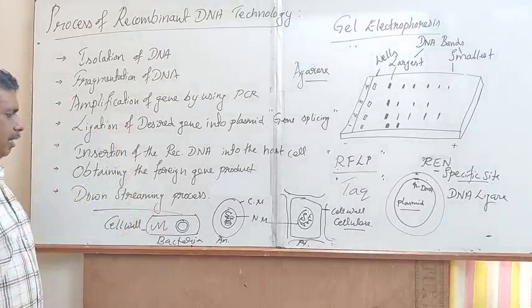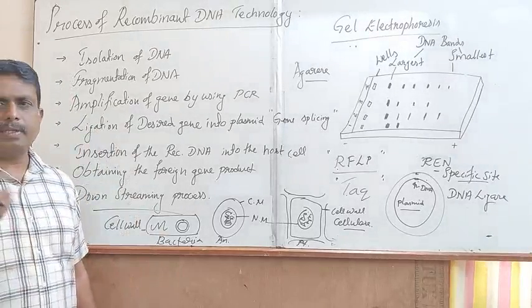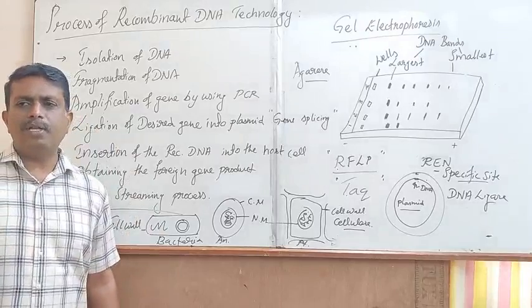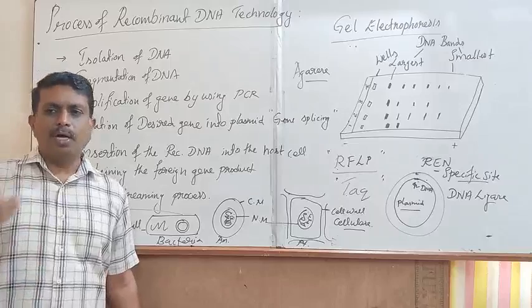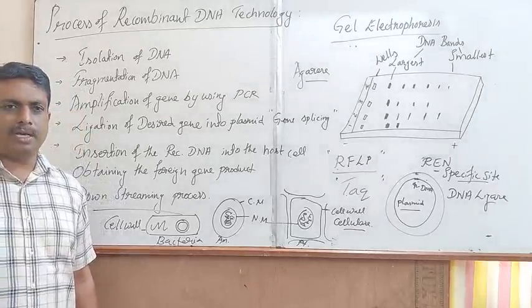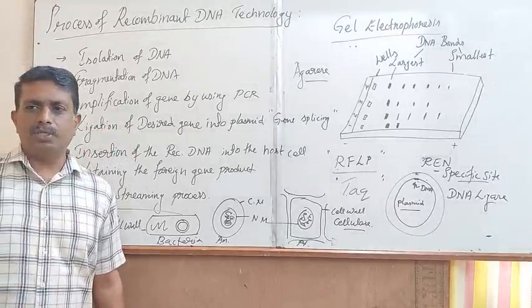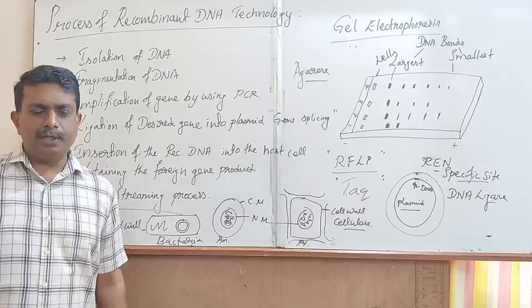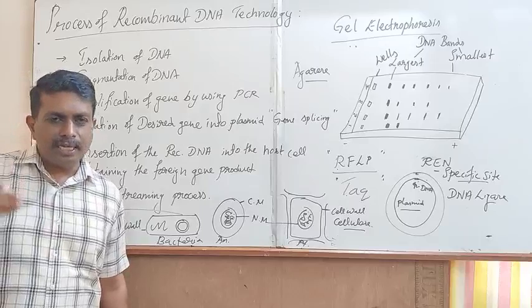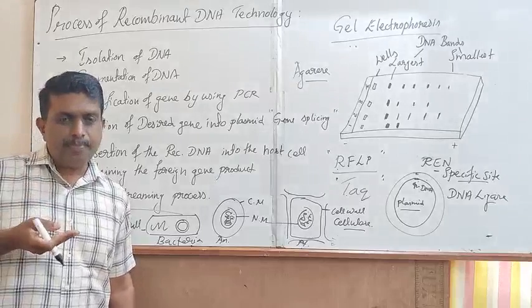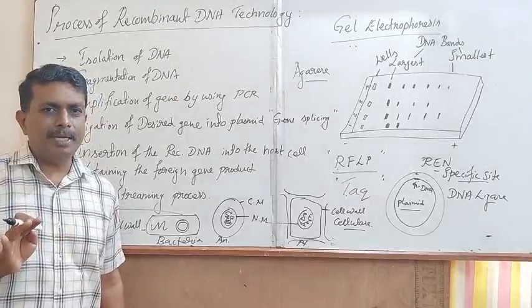The next important step is obtaining a foreign gene product. Once the recombinant DNA is incorporated into the host cell, it is subjected to artificial culturing under laboratory conditions by using culture medium.